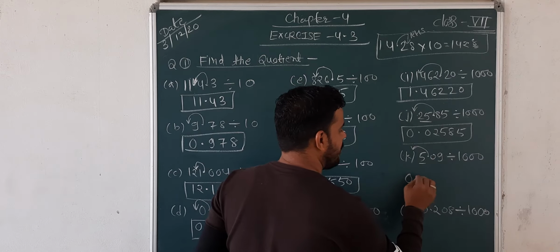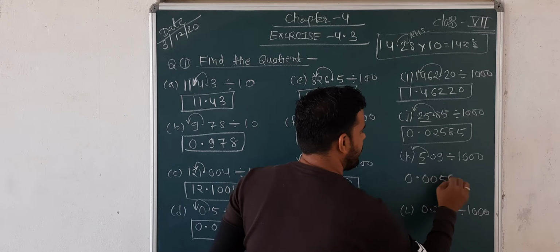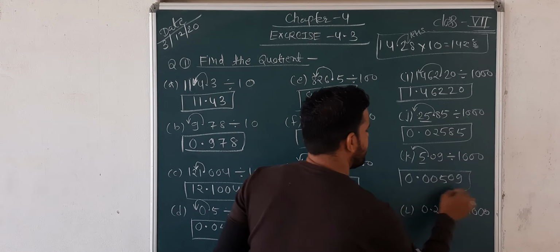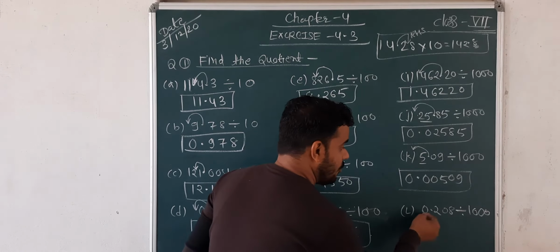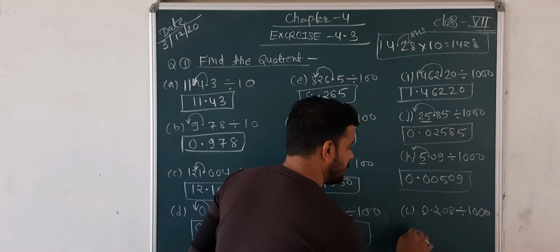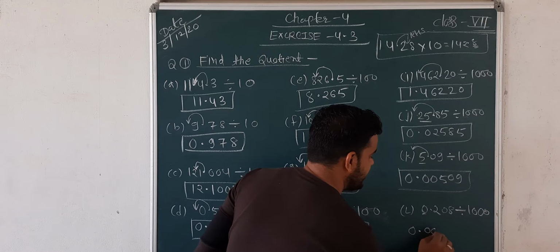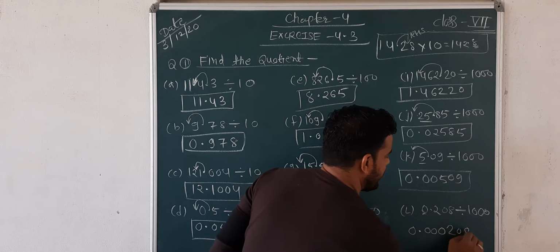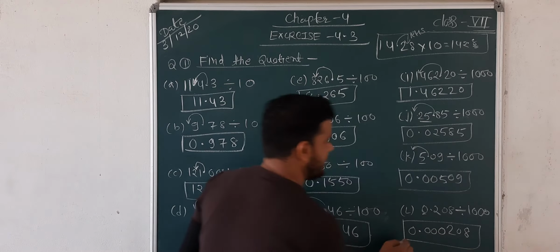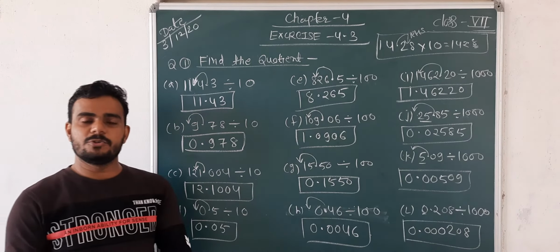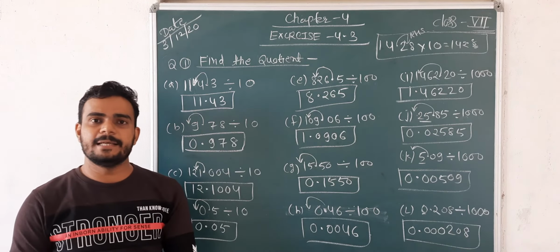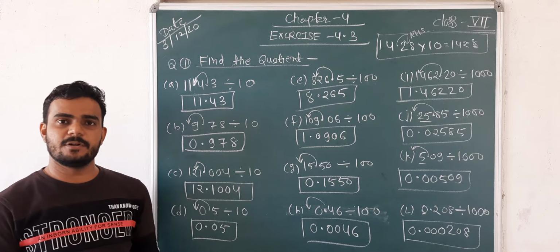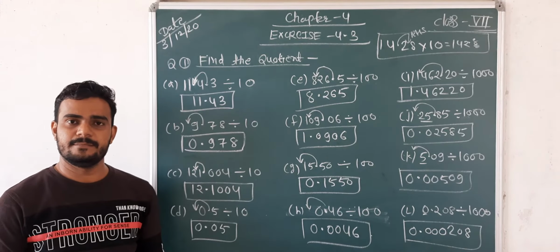The answer is 0.00509. Next, 3 places, but only one digit, so put two zeros before it: 0.00208. So this is the way to find the quotient by division by 10, 100 and 1000. Take a screenshot and write it in your notebook as it is.